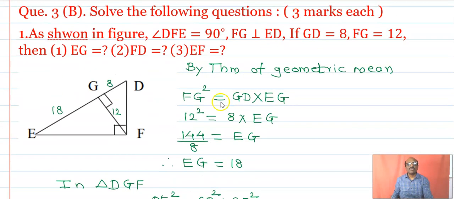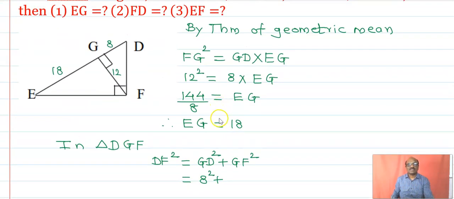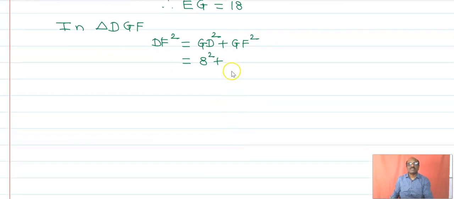What is GD? GD is 8 square. And next is GF square, that is 12 square. 8 square is 64 plus 144.